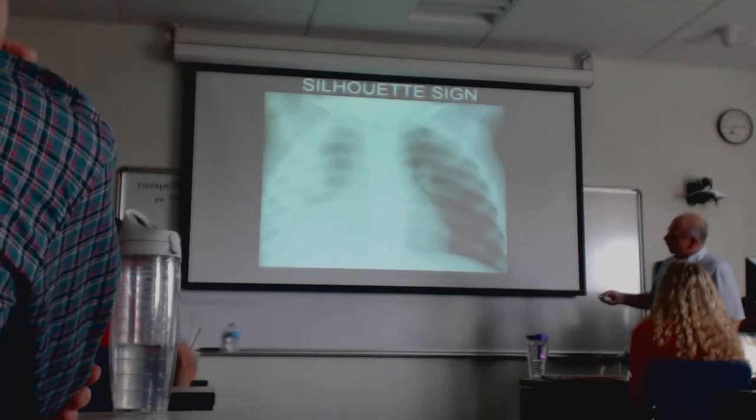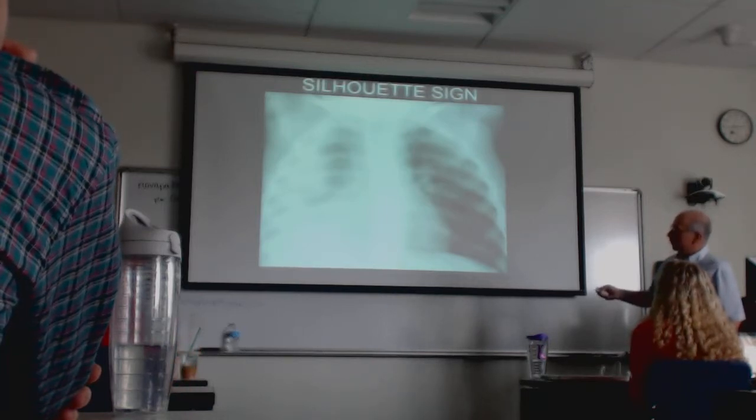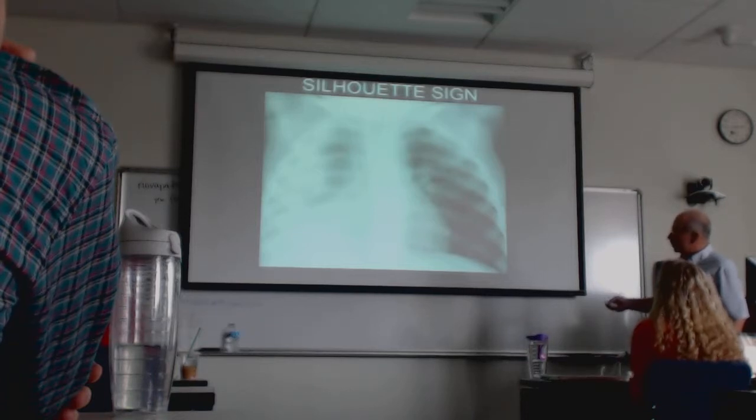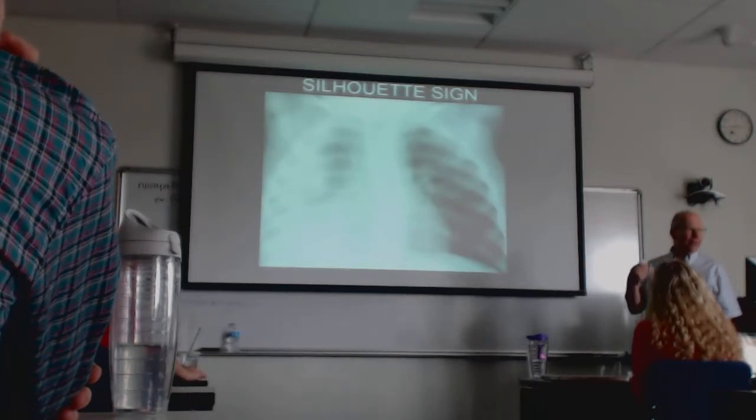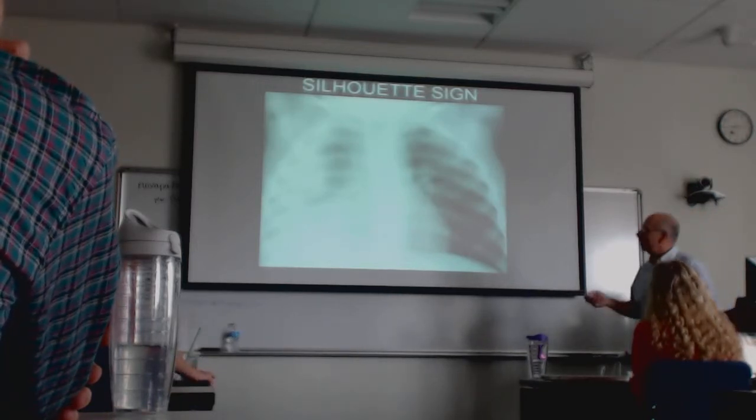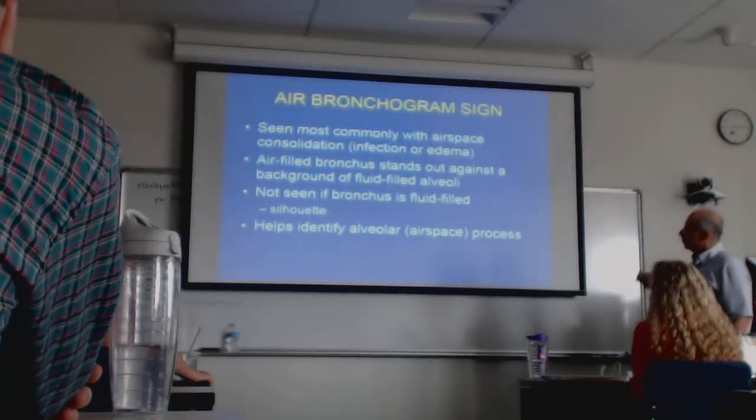For the moment, we'll ignore that stuff out there, which is probably also an infiltrate laterally in the right upper lobe. But notice how you just don't see that right heart border. Sometimes it's harder to recognize what you don't see than what you do see. And that's the beauty of radiology.